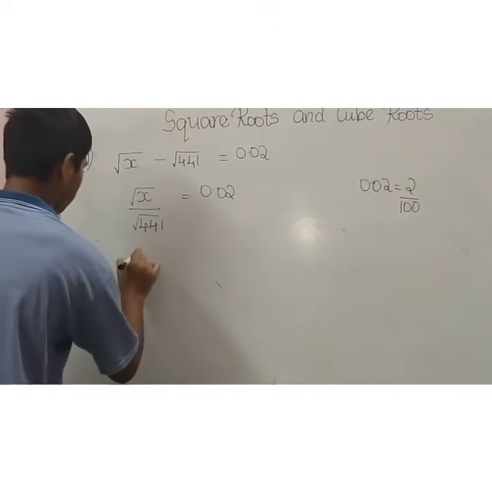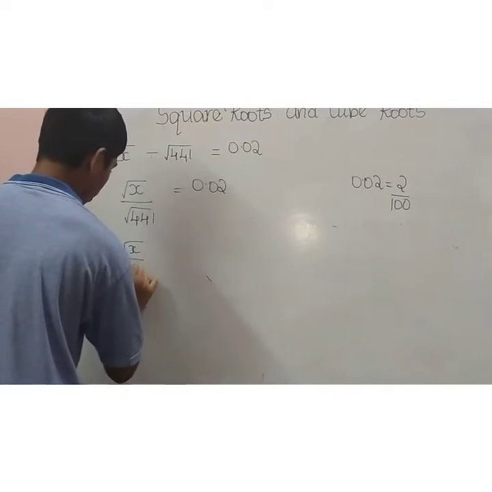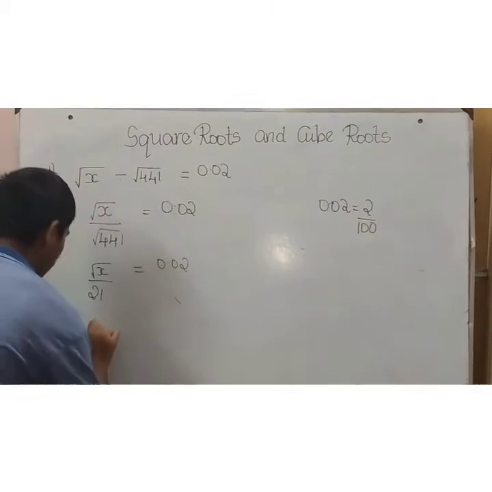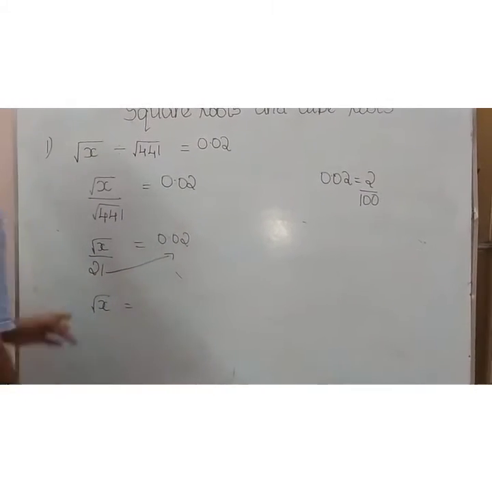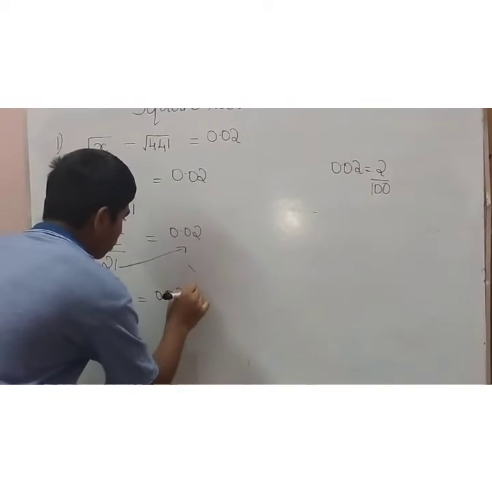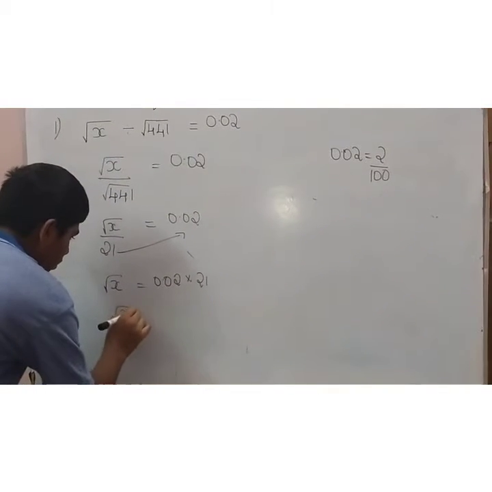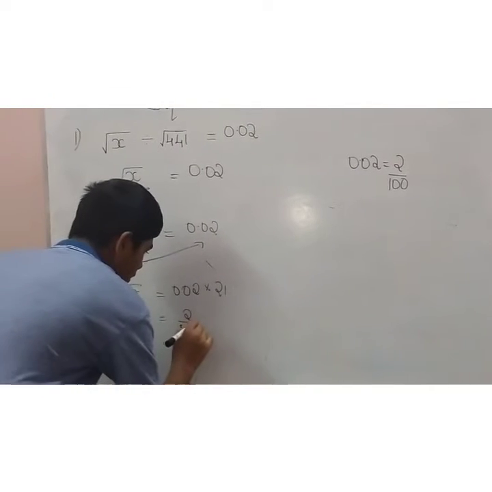So root x divided by 21 is equal to 2 by 100. Root x is equal to 21 times 0.02: divided goes to the other side and becomes multiply. So root x is equal to 2 by 100 into 21.